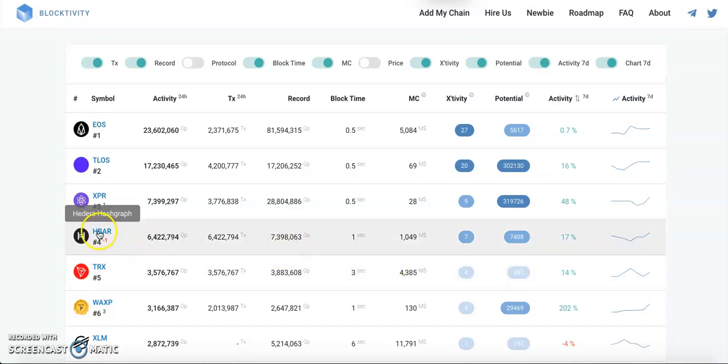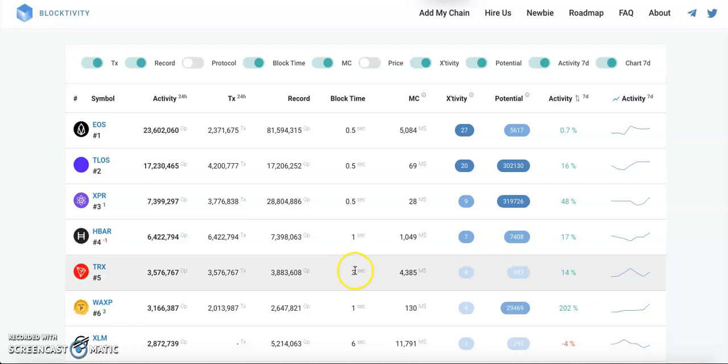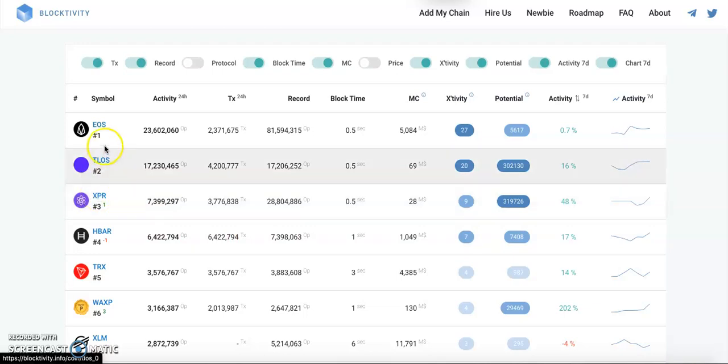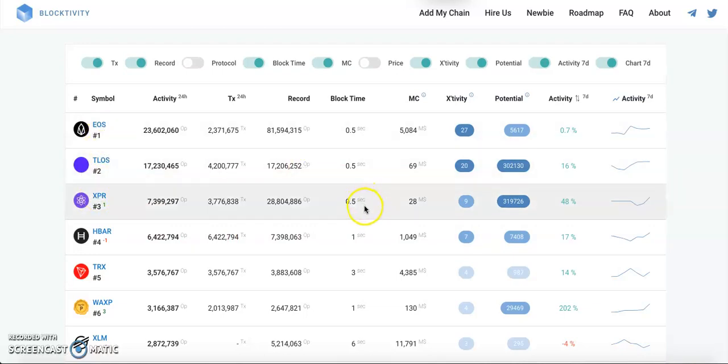Now this is Hedera Hashgraph, which has a block time of 1 second. That means Hedera Hashgraph is 3 times faster than Tron and Binance Smart Chain, right? And Proton, which is a fork of EOS, has a block time of 0.5 seconds.